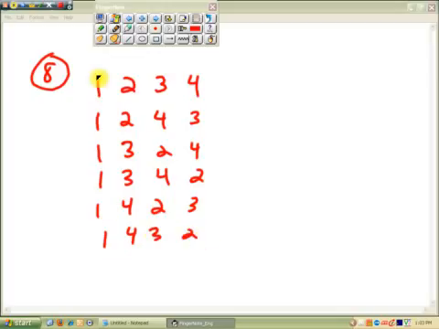Now, this is all the arrangements when the first person sits down. But now you can do the same arrangements when the number 2 is here. So, if there's 4 people and each person can be the first person 6 times, that means there's 4 times 6 arrangements. So the answer is 24 possible arrangements, which is answer A.